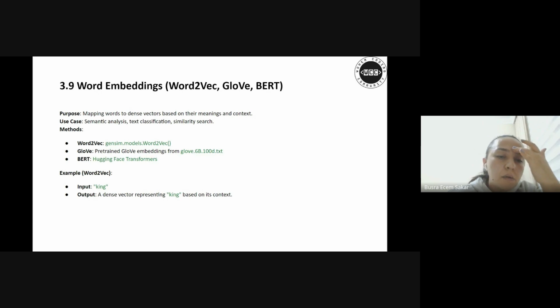So this model learns that words appearing in similar contexts have similar meanings. So when it turns words into vectors, words like king and queen will have similar vectors because they often appear in similar contexts.